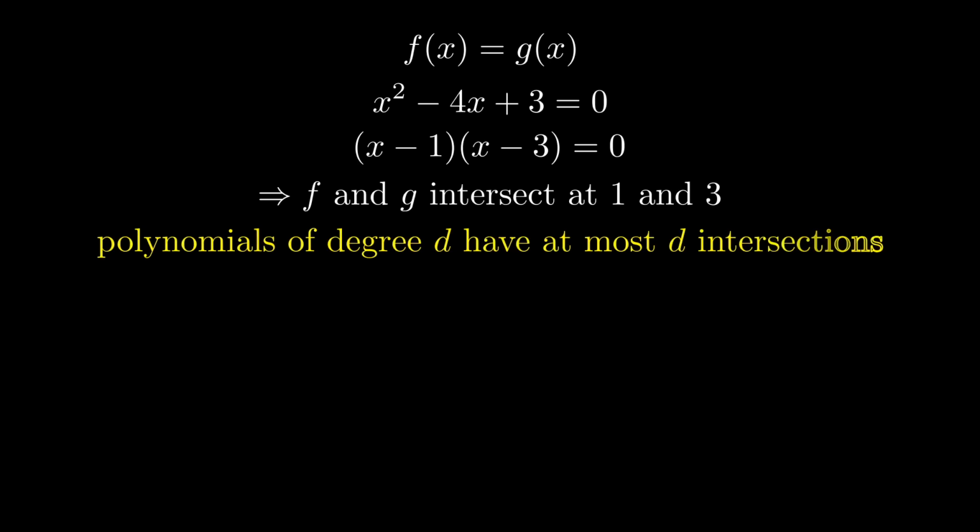Because when you subtract them to bring them over to one side and do this equation, it'll result in a polynomial of that degree. And that degree has at most that many zeros, which means those polynomials could have had at most that many intersections.